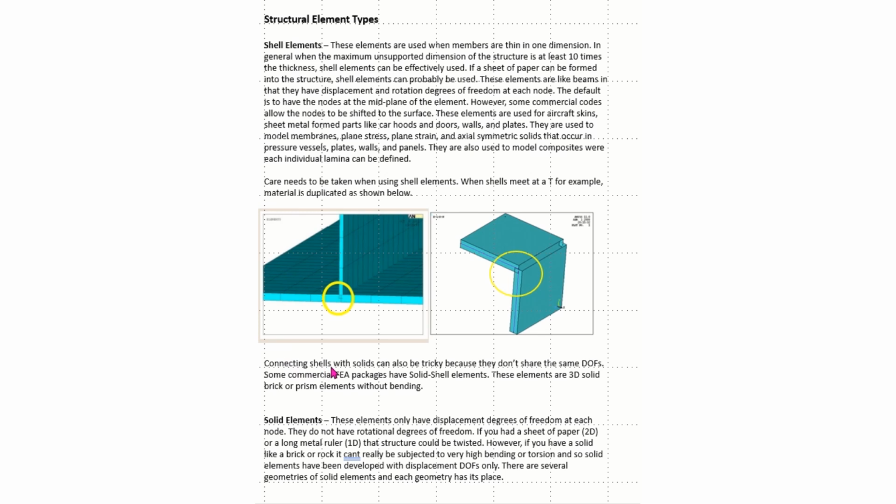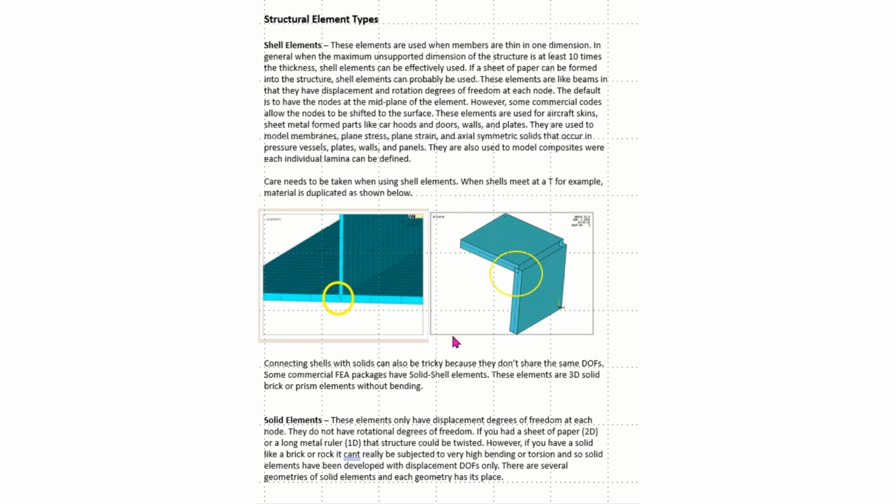So connecting shells with solids can also be tricky because they don't share the same degrees of freedom. So if I have shell elements in one part of my model and I want to connect them to a solid model, I need to be careful and set constraint equations. In order to couple finite elements, they have to have the same degrees of freedom.